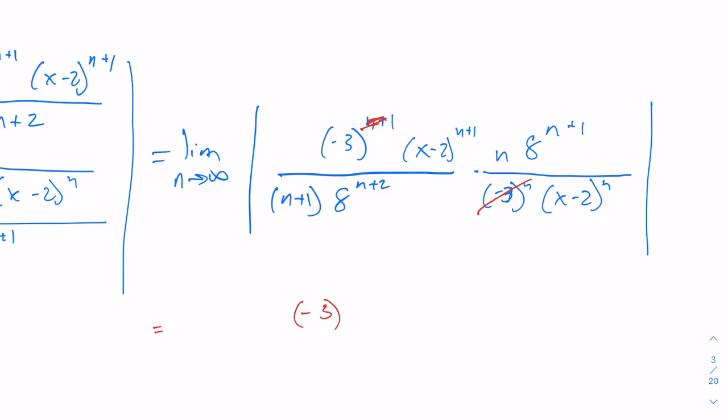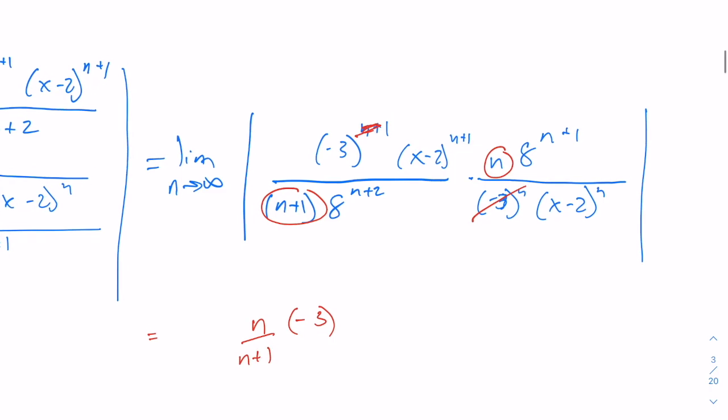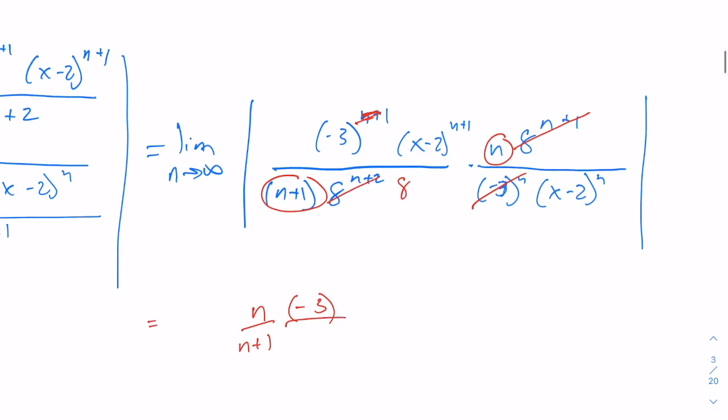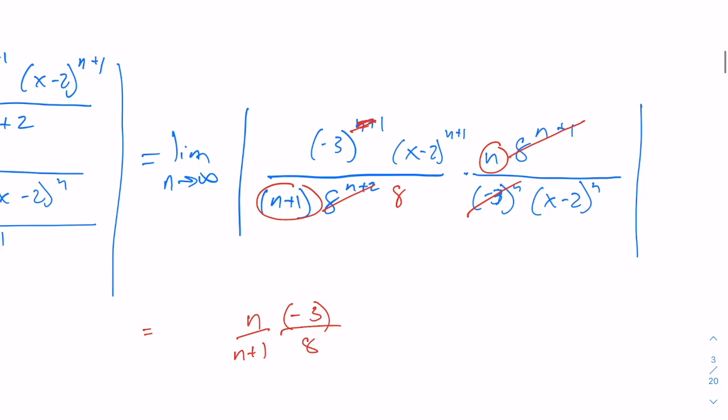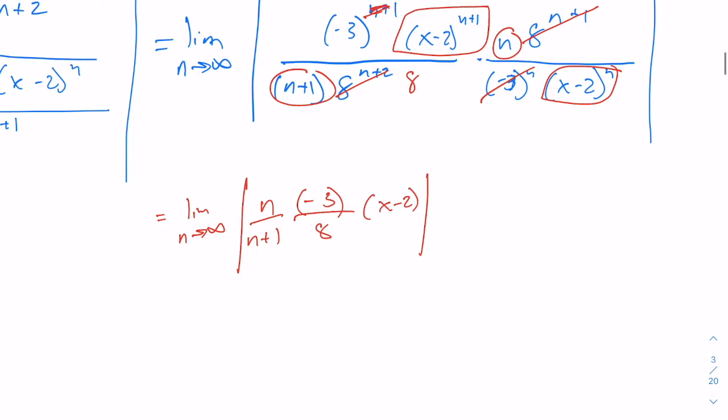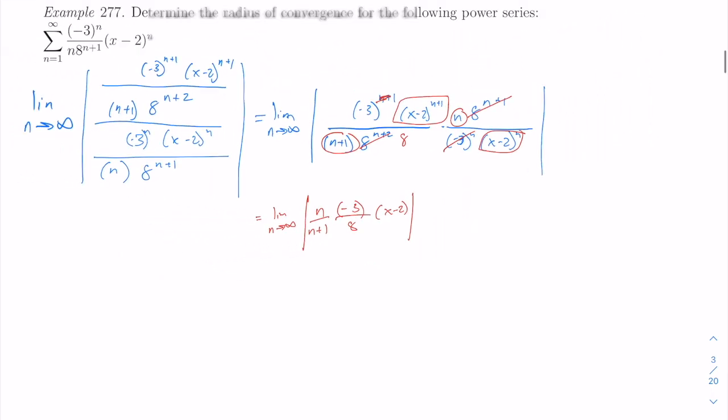Negative 3 on top. I have an n over an n plus 1. Those don't cancel. I have 8 to the n plus 1 cancels with all but one of those. There's an 8. And then what happens here? So I have n plus 1 on top and n of them on bottom. So I have x minus 2, and that's the limit as n goes to infinity. Now I want to pull out all of the stuff that doesn't have n's in it.